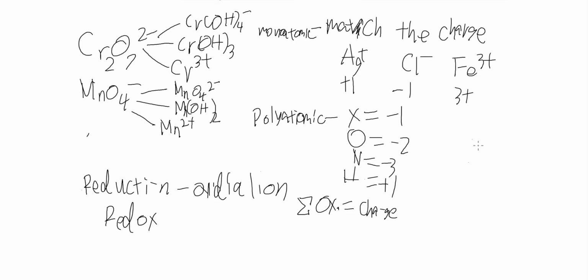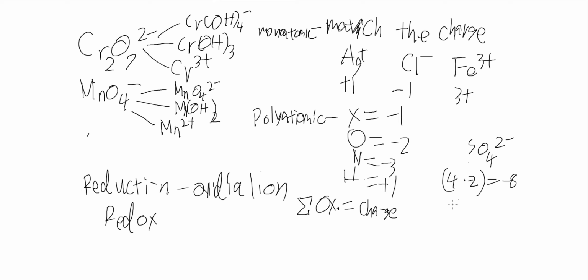And so, let me give you an example. Sulfate, SO4 2 minus. So we can apply the same rules here. SO4, O4, 4 times -2, and that is -8. The total oxidation state is -2.